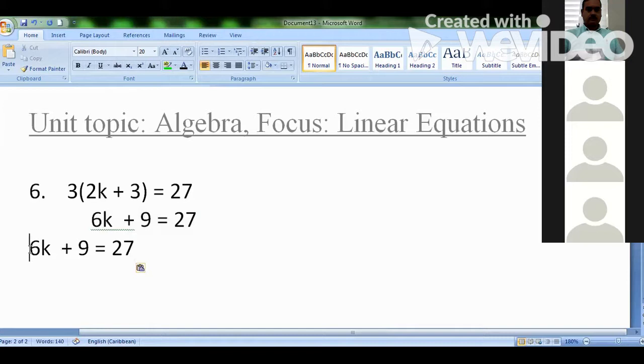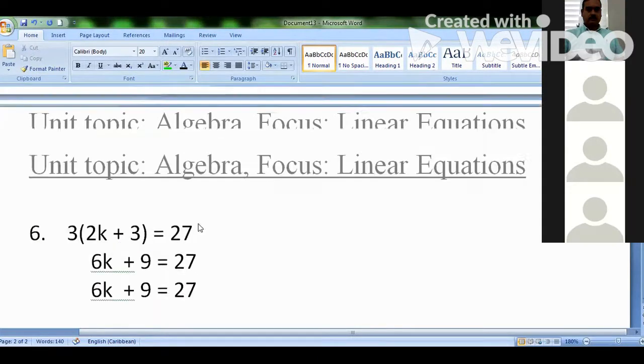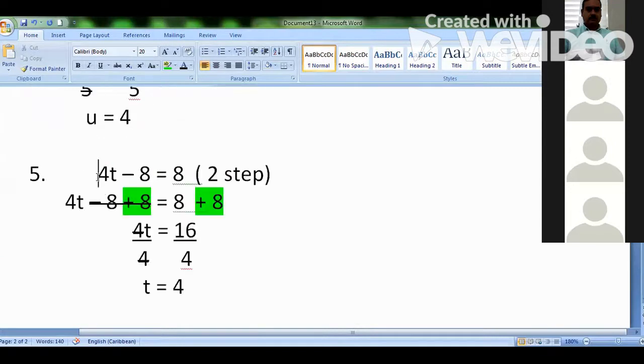What do you notice about this question here? This question and this question look like the same thing, not true?